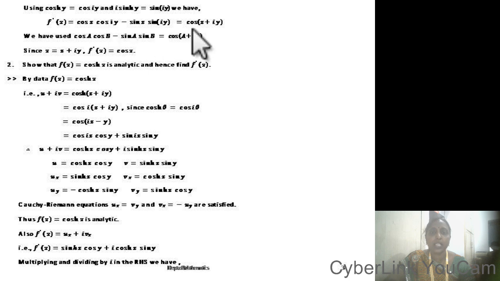This can be written as cos of a plus b, because the cos of a plus b formula is cos a cos b minus sin a sin b. Now what is x plus iy? x plus iy is nothing but the complex number z. So finally we get f dash of z as cos z. So the differentiation of sin z is cos z. This is the final result.